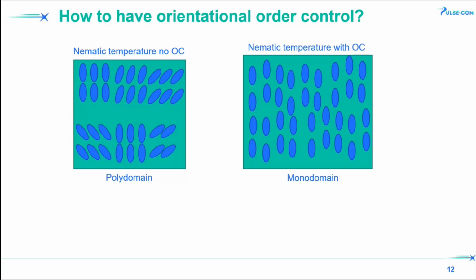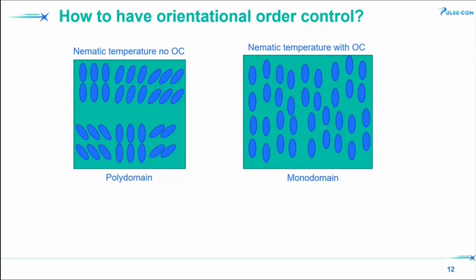If you just proceed without any control on the orientational order, you will have the situation that you have on the left. So the liquid crystal will form pockets of ordered liquid crystal. Some will be oriented in one direction and some in another. Instead, if you want to have a long range order, you want to have a monodomain.